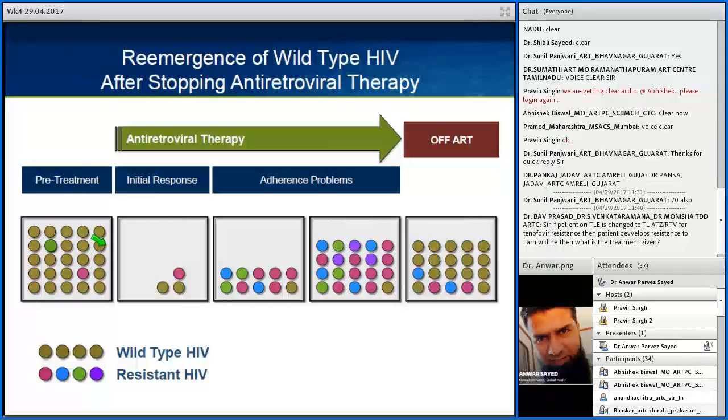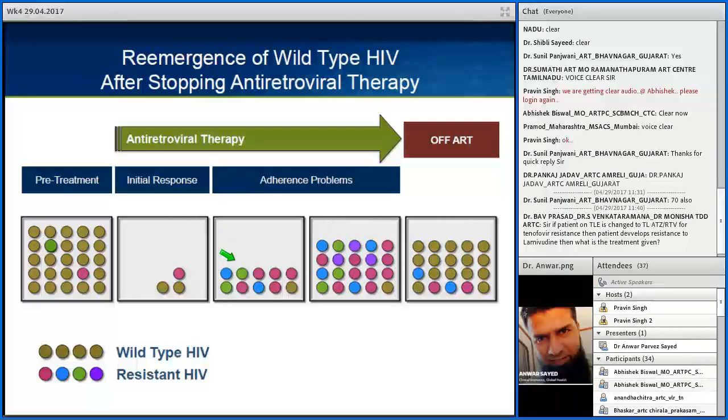As soon as you put a person on ART, immediately the person's viral load will go down. You have blocked multiplication of the viruses. Most of these wild type viruses will disappear, and in fact some resistant virus also will disappear, but some will remain. So this is the controlled viral load, or viral load below detectable, for example. Now what happened is there are adherence problems.